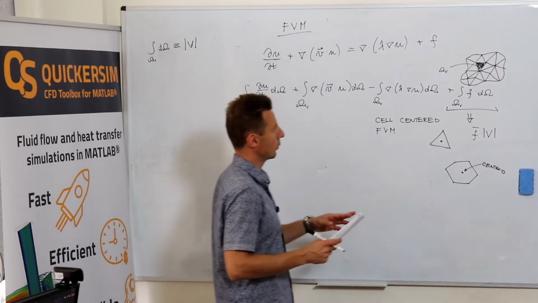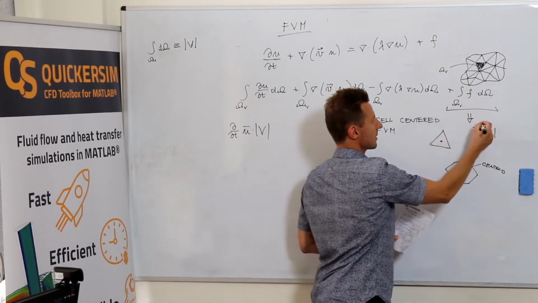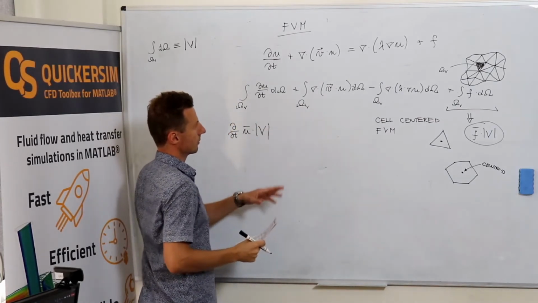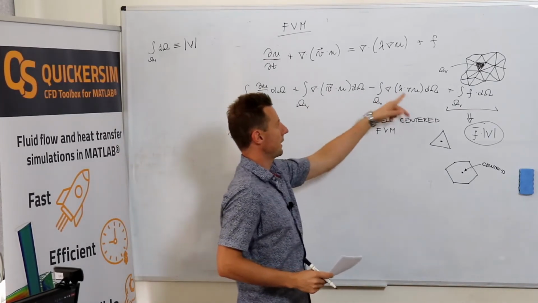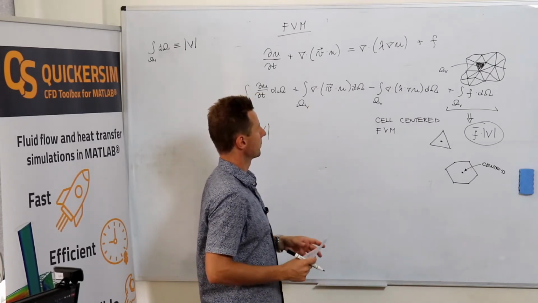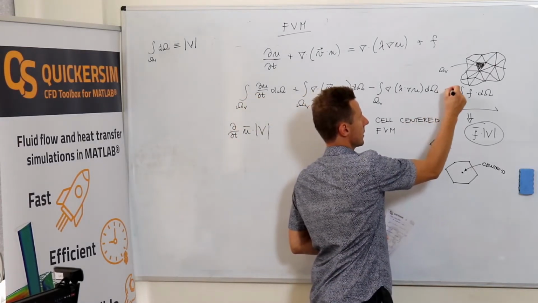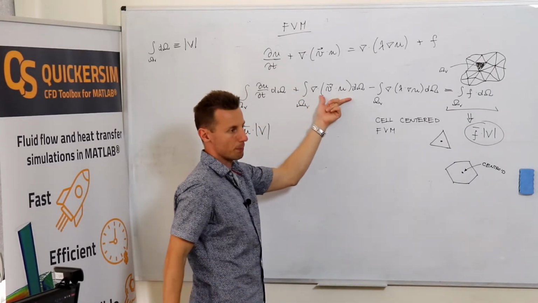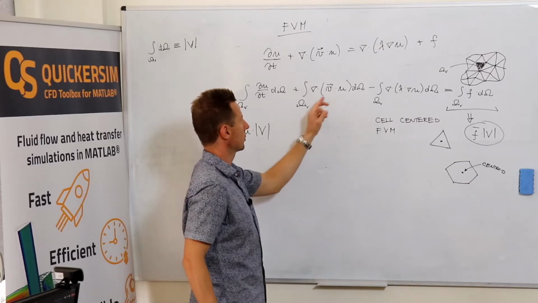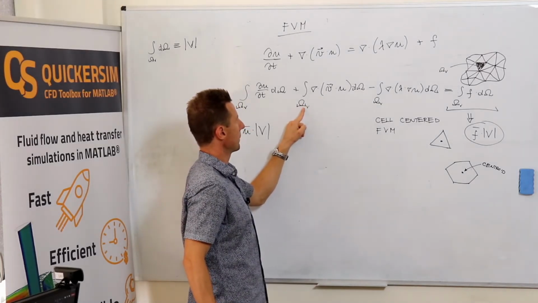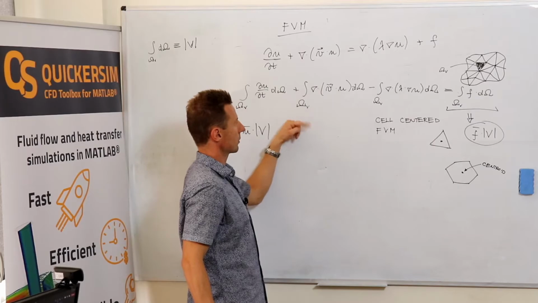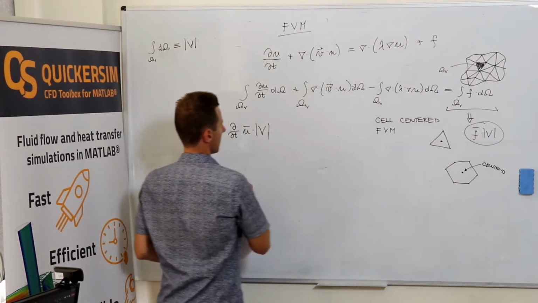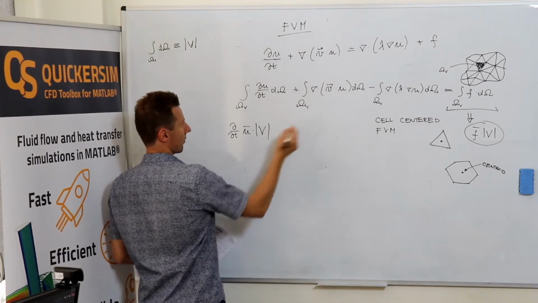So to say, we have already discretized the source term and the first term. What we want to do here is again apply the Gaussian theorem to replace the volume integrals by the boundary integrals. So let me do that with the first term.